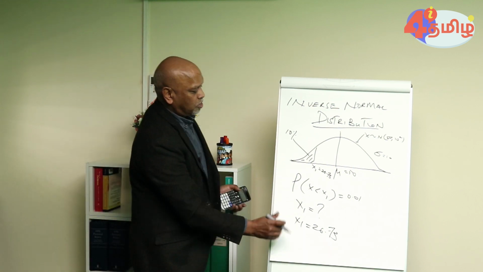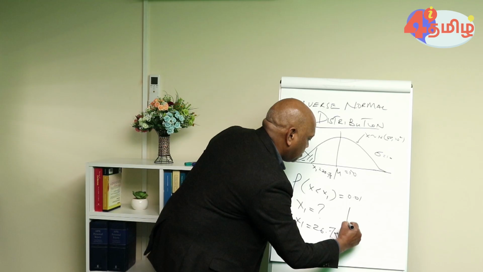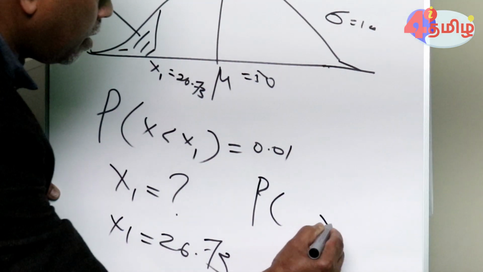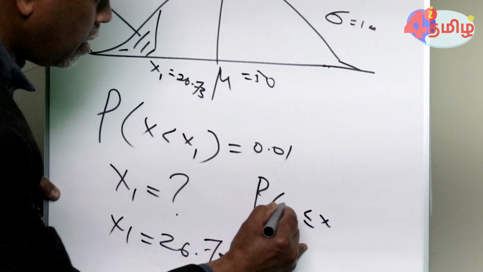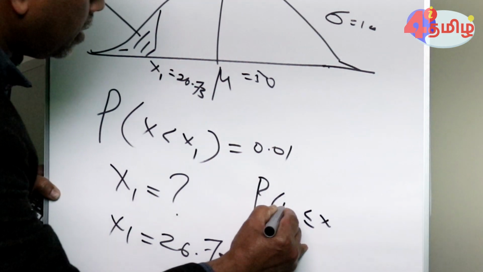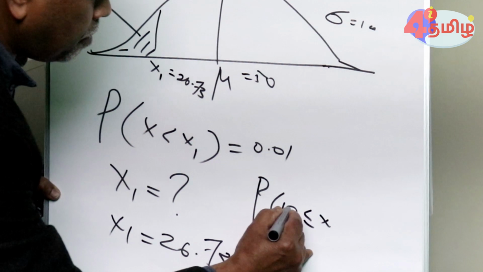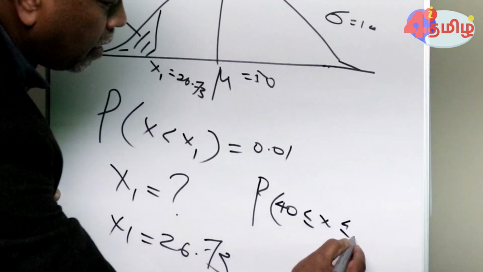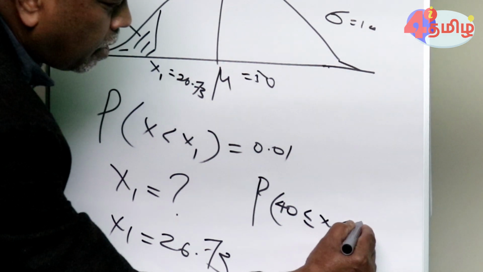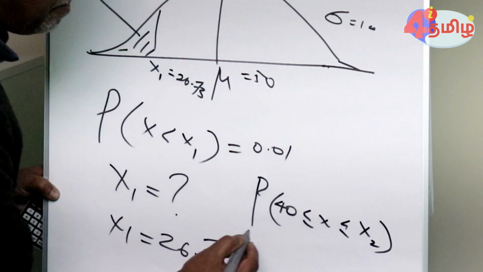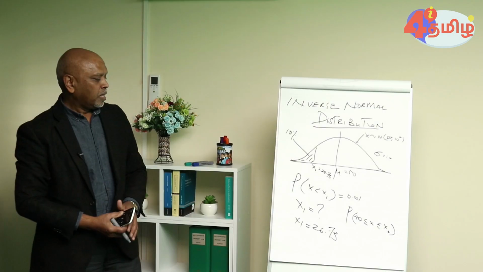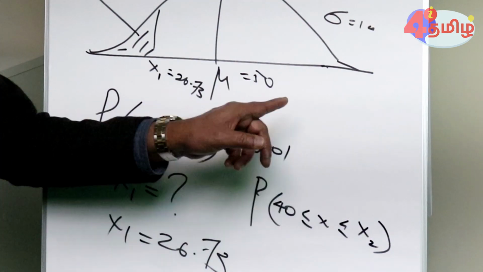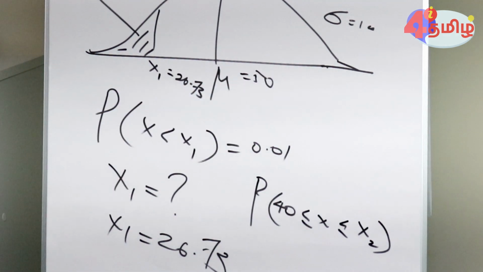Sometimes they ask you for a probability between 40 and x2. They give you the lower value, but you need to find the upper value.